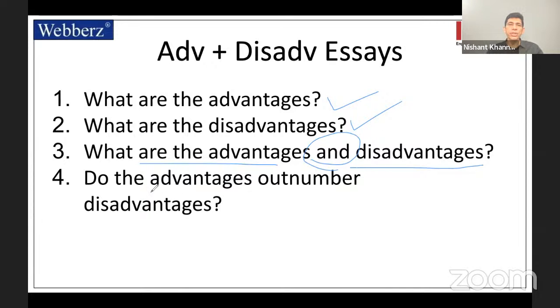Do the advantages outnumber disadvantages, meaning which is more? Instead of advantages, it can be what are the positives, what are the negatives, what are the positives and negatives? Do the positives outnumber the negatives? This can be the same thing. Only the language is different. The style of attempting it is almost the same.